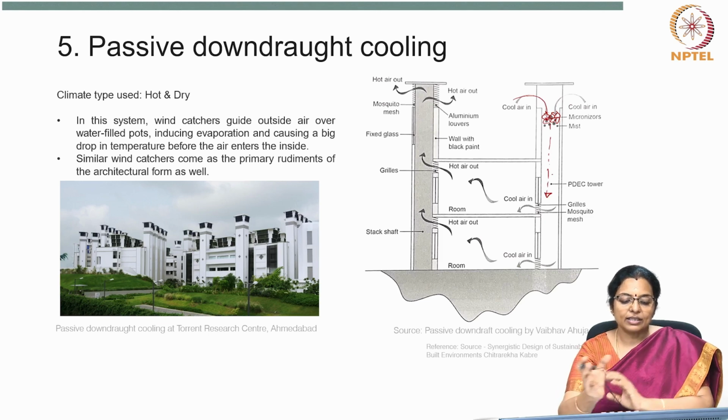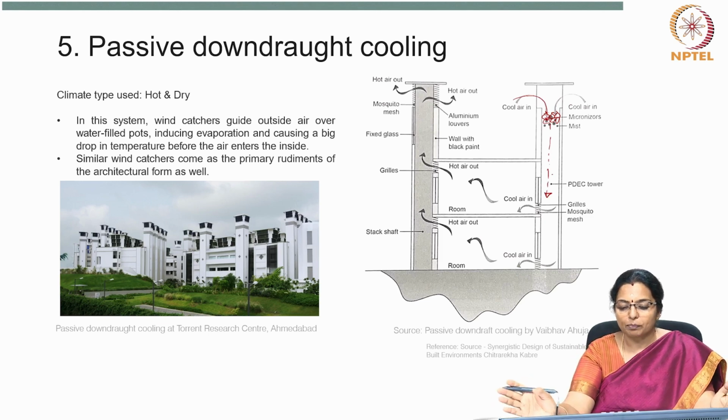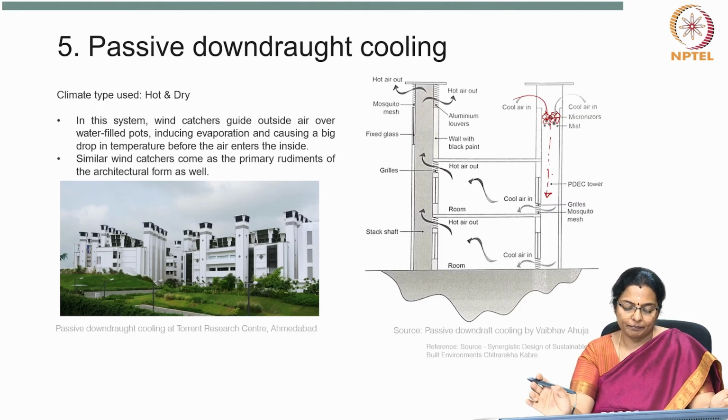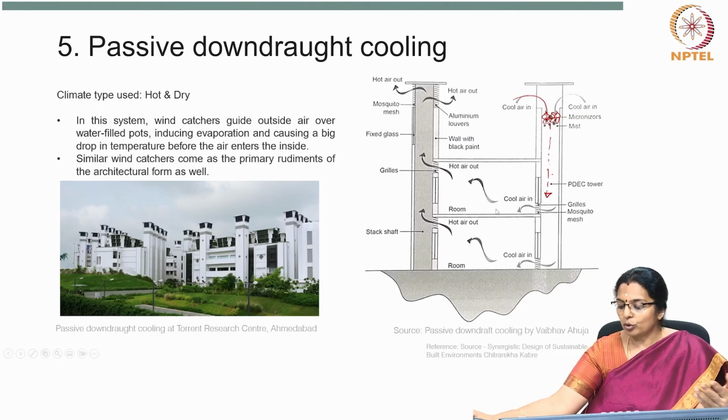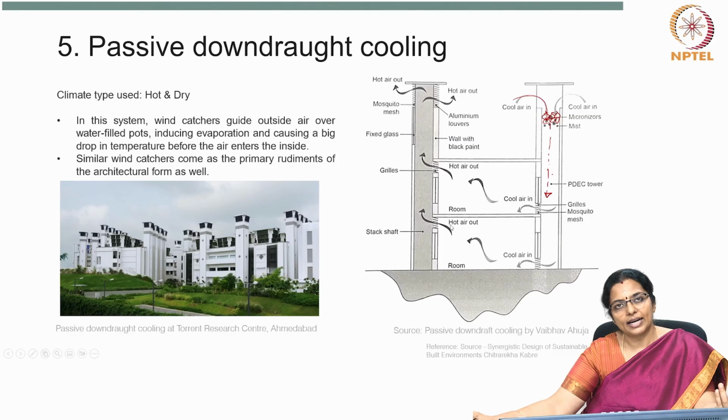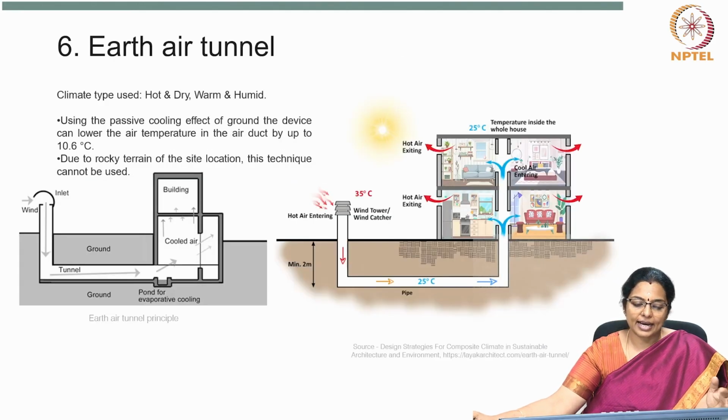So now these wind catchers come as the primary rudiments of an architectural form as well. We will not go too deep into this now because we will look at it later in greater depth. Then you have the earth air tunnel.